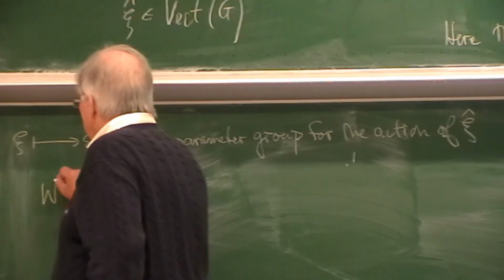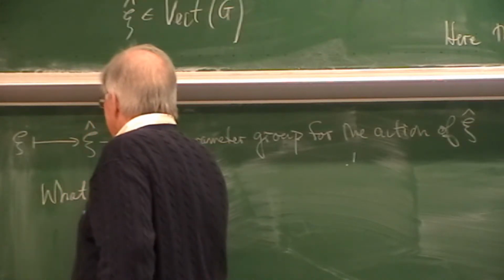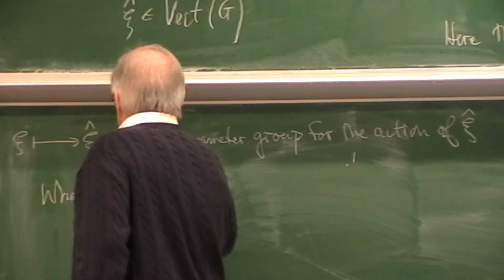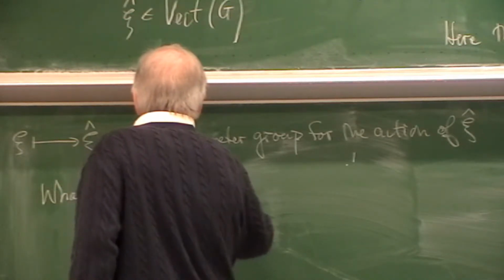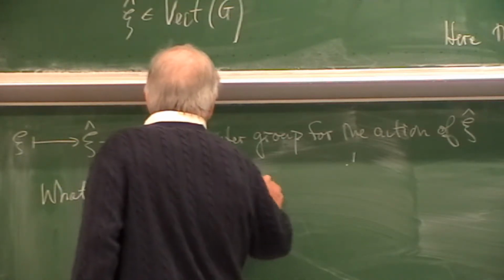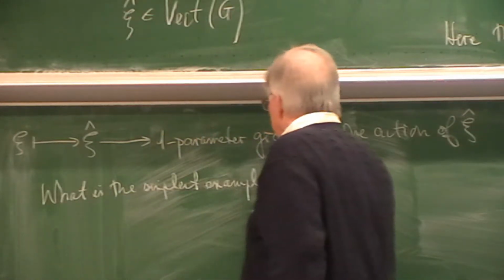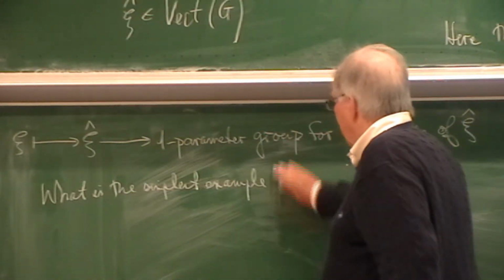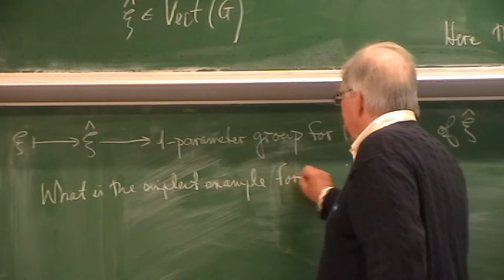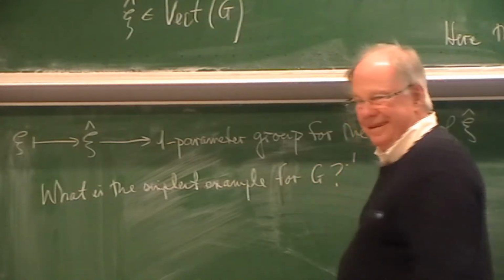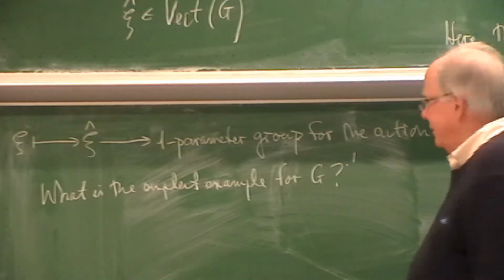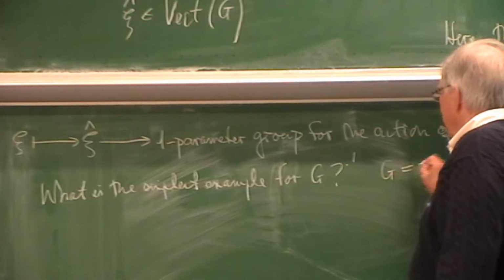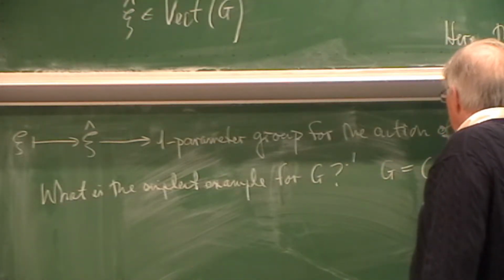So, what is the simplest example? Well, what do you mean for G? Well, G equals the real numbers with addition.